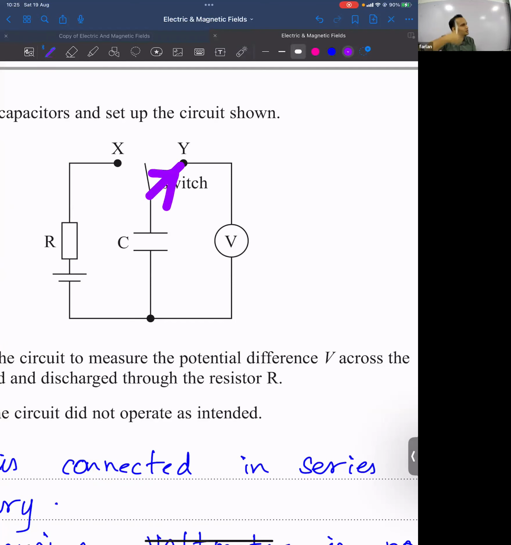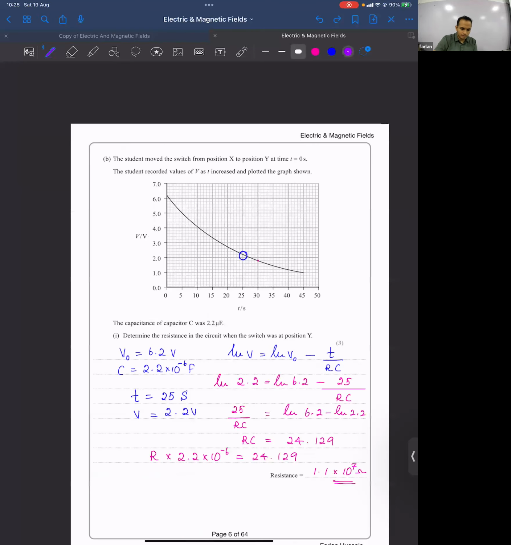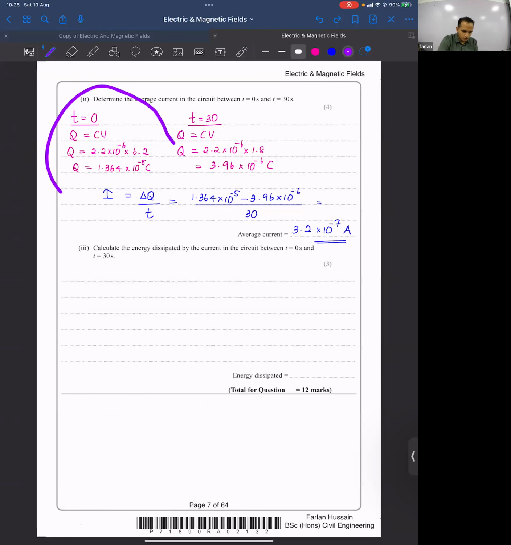He is distributing charge. So at t equals 0 I found how much charge he is having by using Q equals CV, which is 1.36 into 10 to the power minus 5 coulombs the capacitor has at t equals 0.